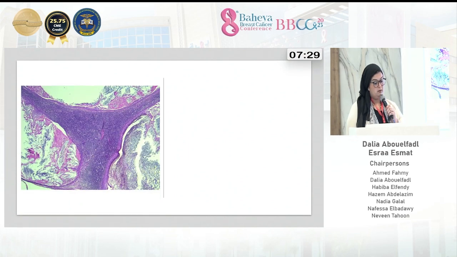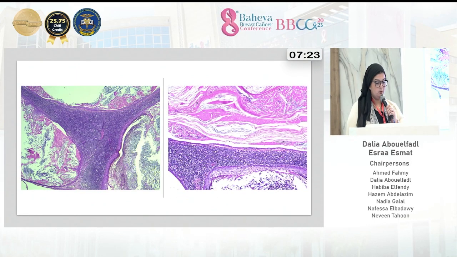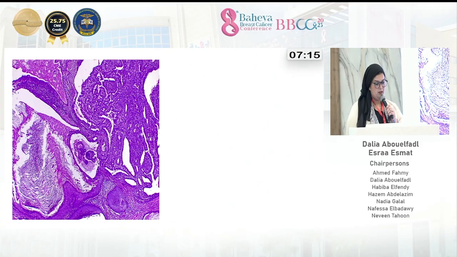This is the biopsy from the axillary lymph node, starting with these epidermal inclusion cysts, and this finding.